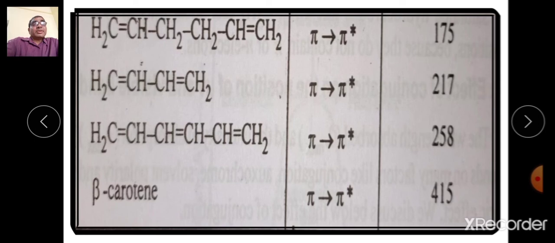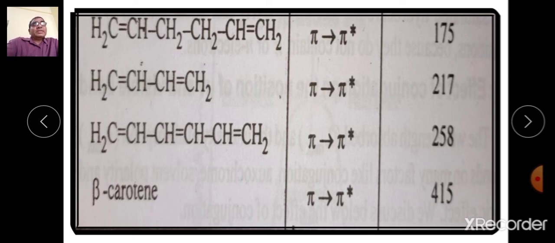When the double bonds are in conjugation, look here, double bond, single bond, double bond. Again there is of course a pi to pi star transition. The lambda max value is somewhat increased to 217.